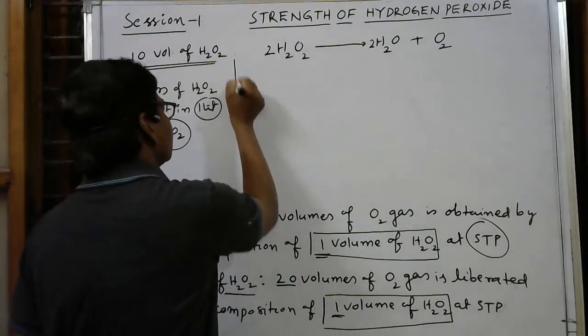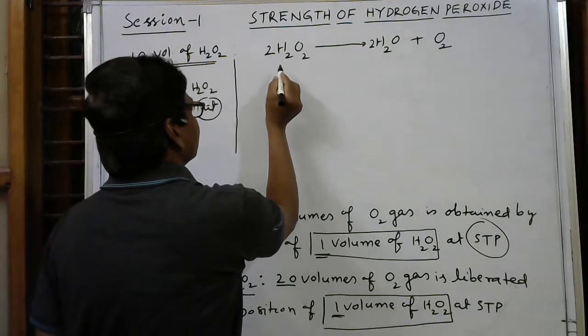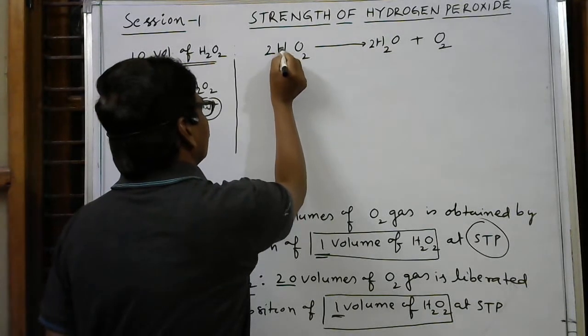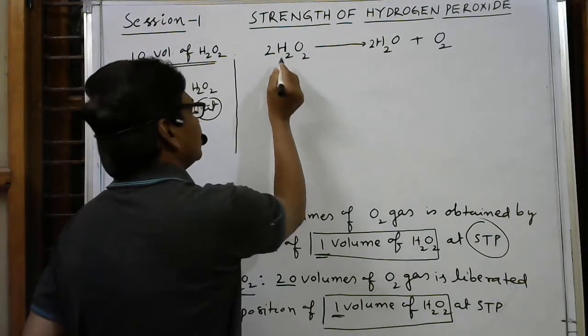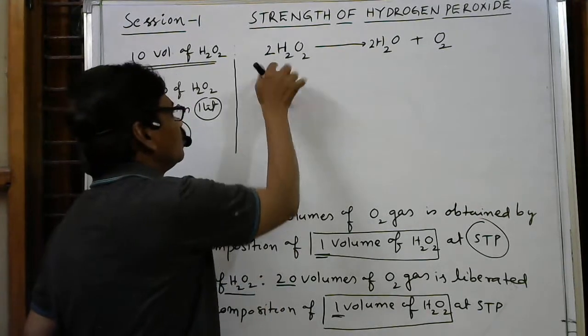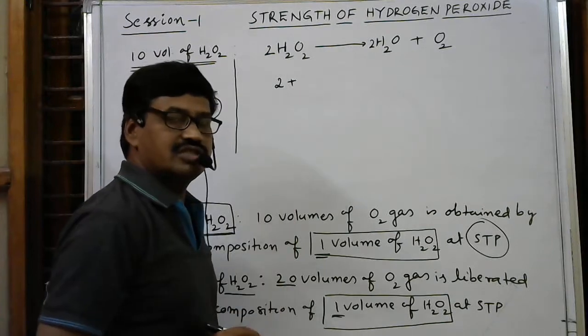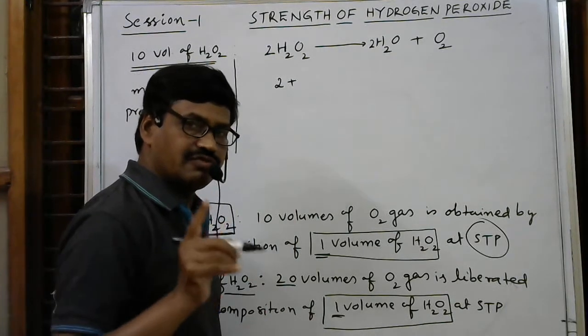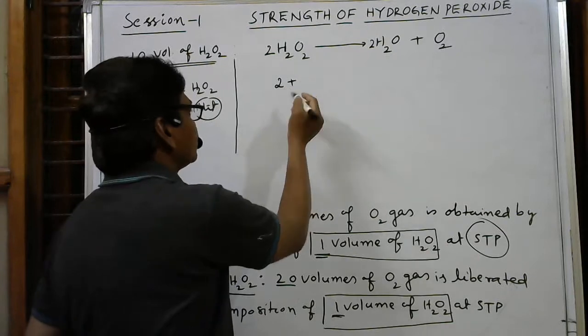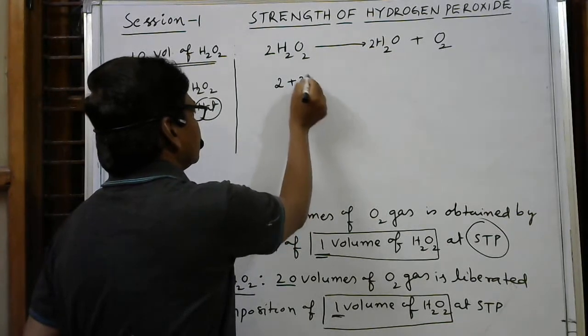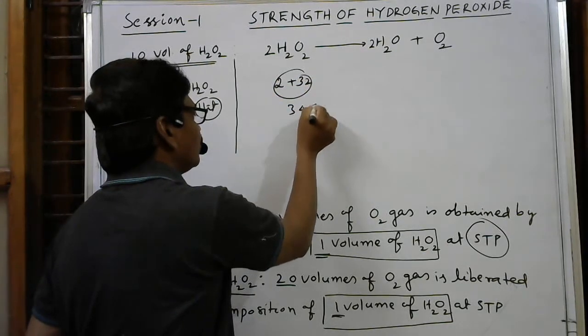As per the mass, the mass of one hydrogen peroxide is 34, because 2 for 2 hydrogens plus 1 oxygen. 16 is the mass of one oxygen atom, and 2 oxygen atoms are there, so it is 32. It is a total of 34 grams.